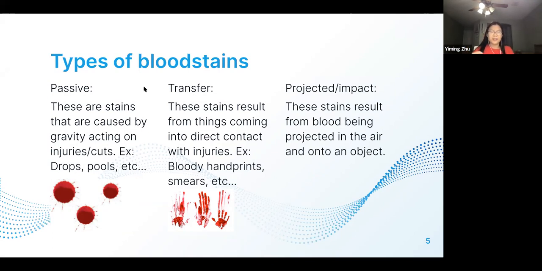Or if you get a cut that drops blood, or I don't know if you guys are like me, but if you really like to scratch your mosquito bites. I hate them so much, and I scratch them a lot, so sometimes it gets past the skin and the blood drops. Yeah, exactly. That would also be a passive stain.